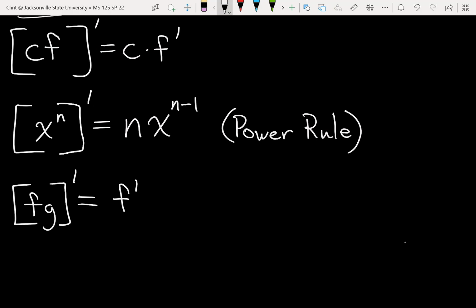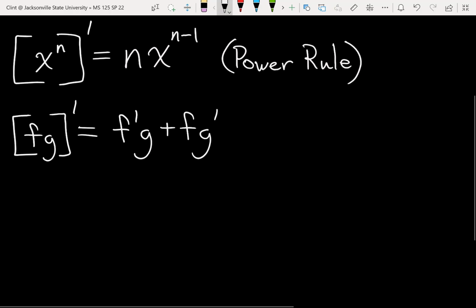This one, the product rule, we would have f prime g plus f g prime.